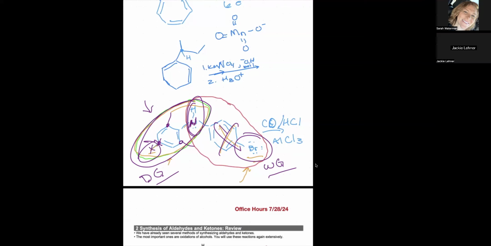And then could you just briefly also go over 14? It had the ring and then it had methyl on one side and OCH3 on the other. Oh, okay. I'm just going to erase this stuff.